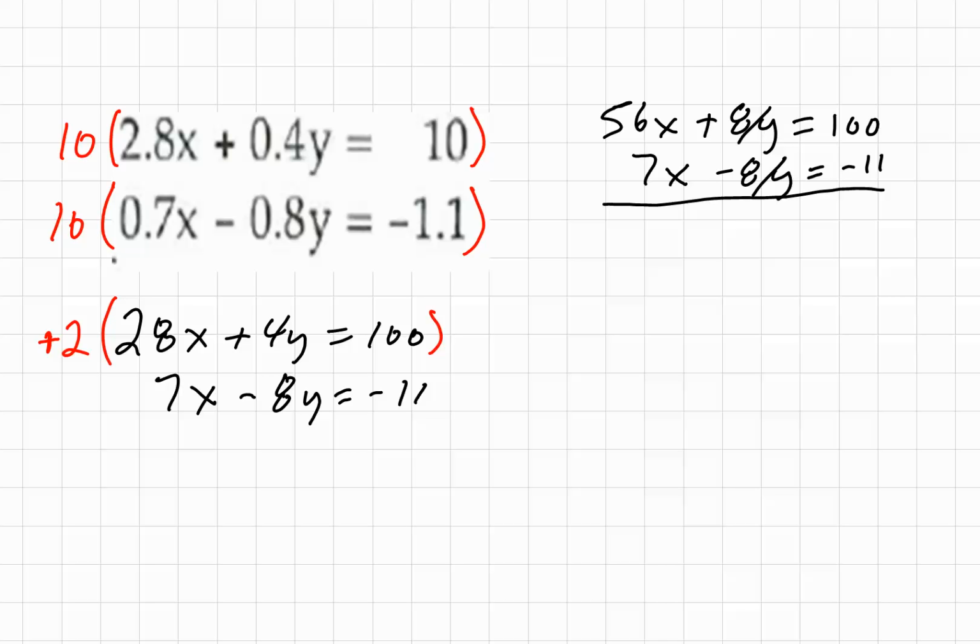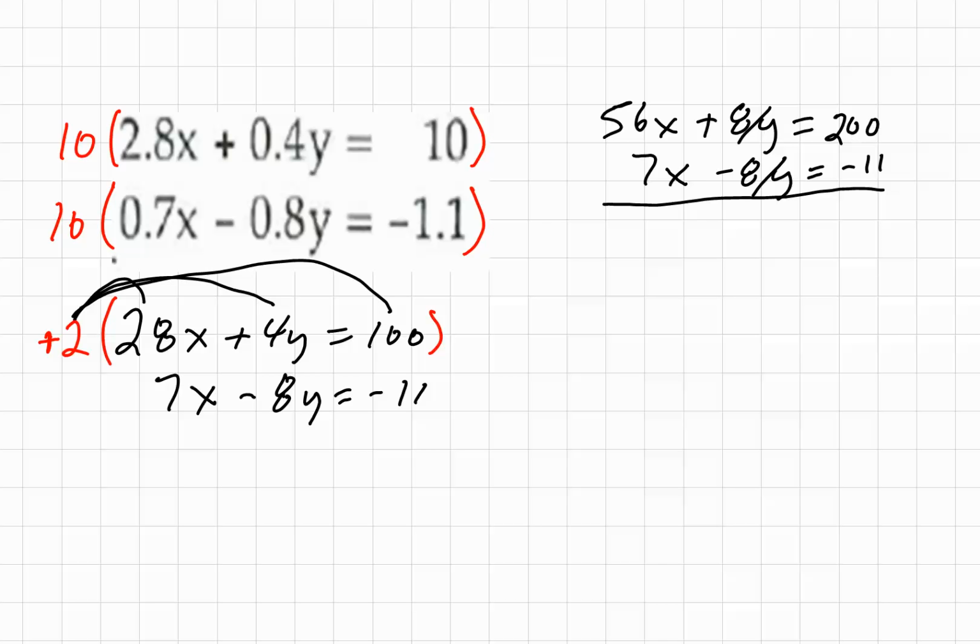One mistake I made is a common mistake that a lot of students make. You remember that we're taking this 2 and we're multiplying it by each term of the equations on both sides of the equal sign. I missed doing the second term, so I can just fix that and put in 2.